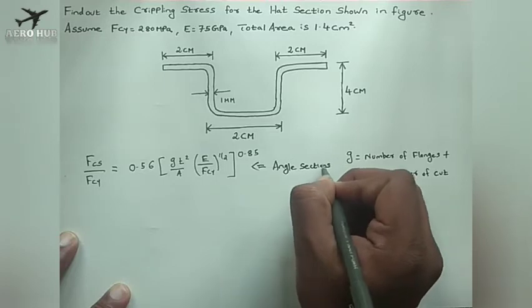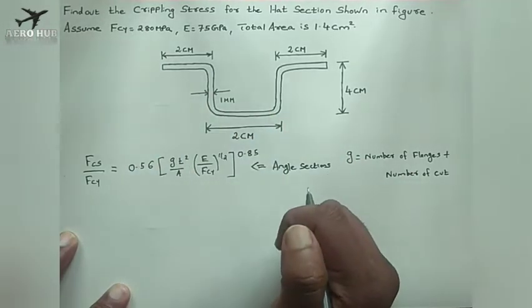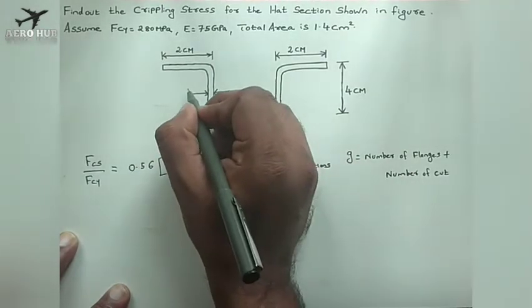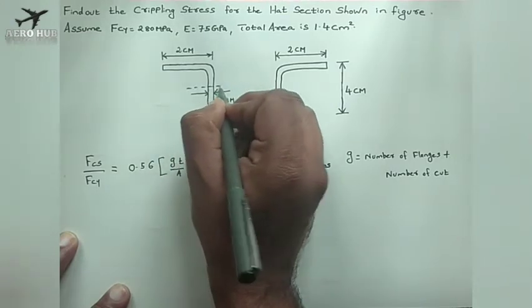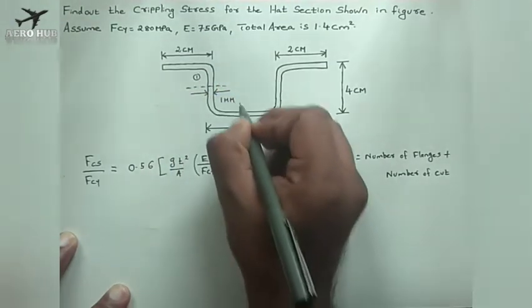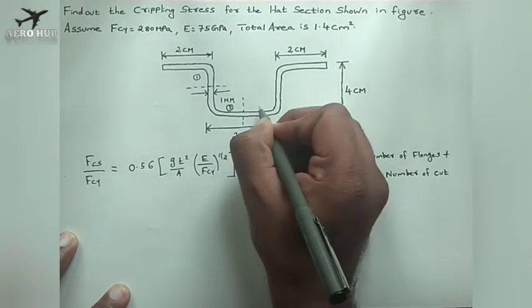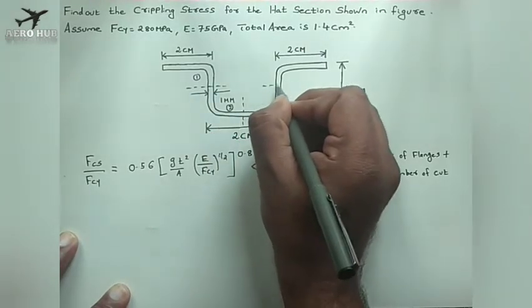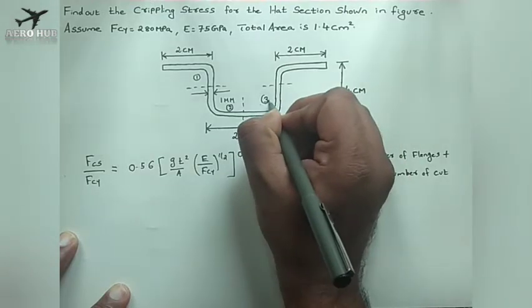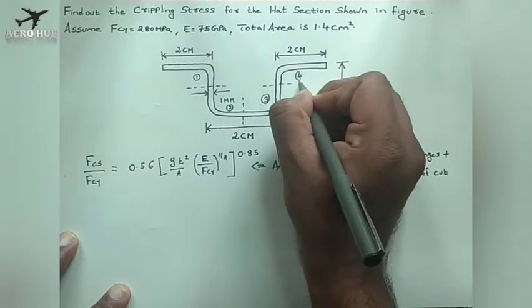Therefore we have to divide this hat section into a number of angle sections. So I will divide the section like this. This is the first angle section, this one is the second angle section, this one is the third angle section, and this one is the fourth angle section.